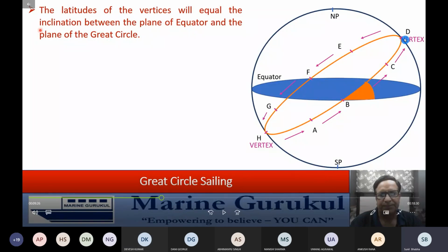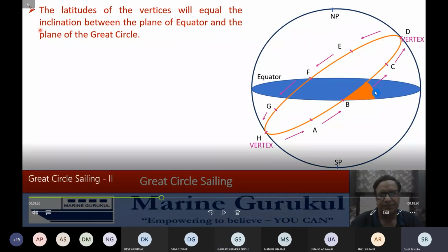Latitude is 40 degrees of the vertex of point D. So second option which is coming up is 040. Any other option, beta? Sir, it will be 050, sir. Very good. So it will be 050, beta.